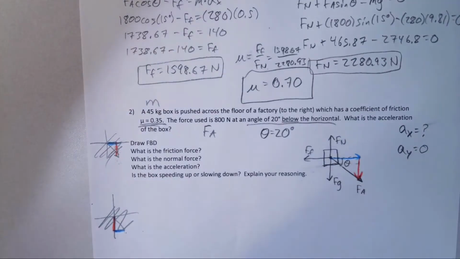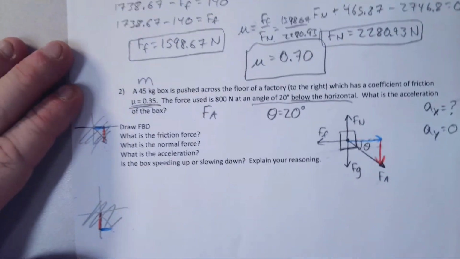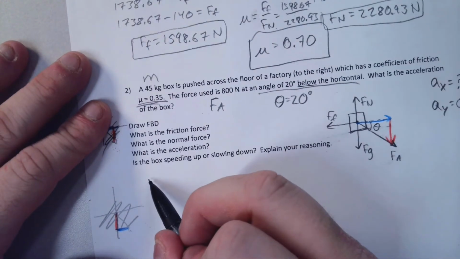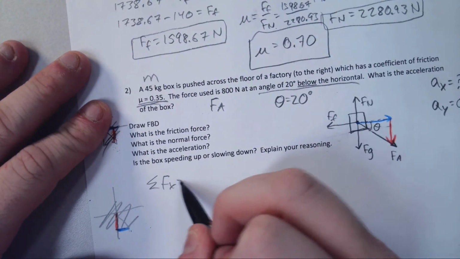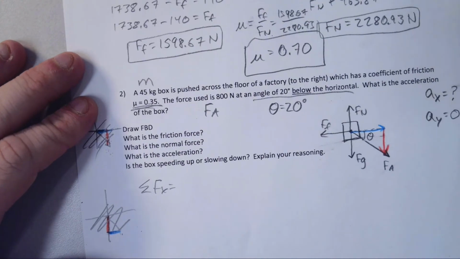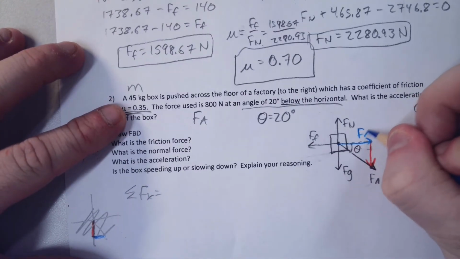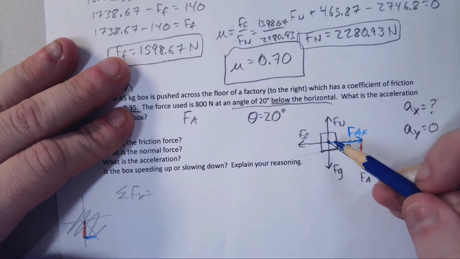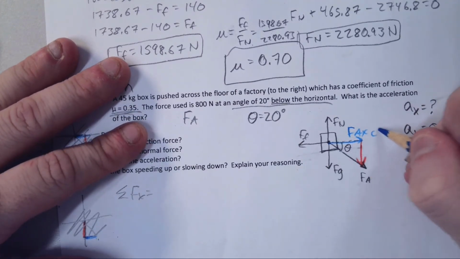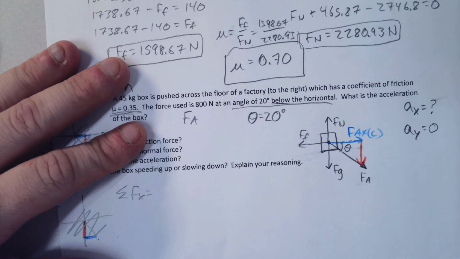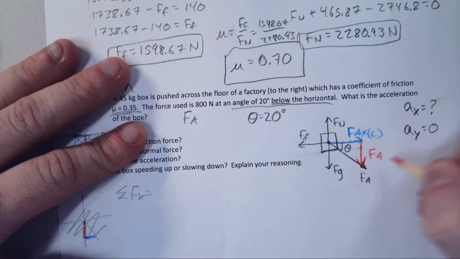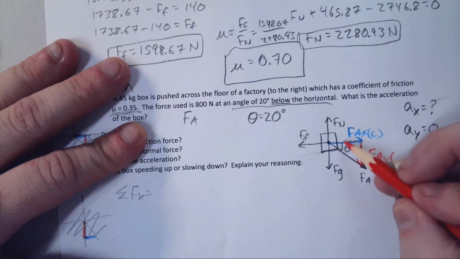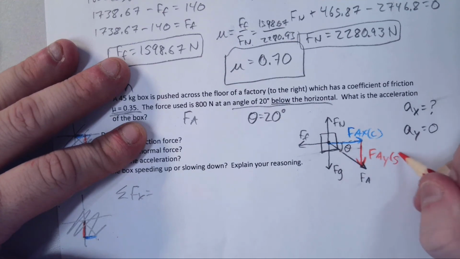I'm going to write the equation real quick, and I want you, for your homework, to finish it up here. We'll look at the differences, the f of x here. This is fa of x. And because that is connected to this angle, meaning it's touching it, that's going to get the cosine. And then this is fa of y, and it's not touching this, that's going to get the sine.